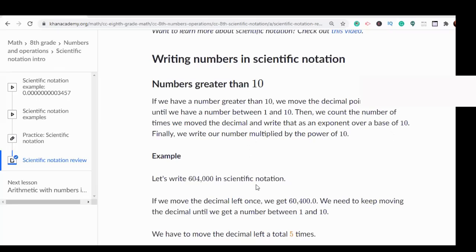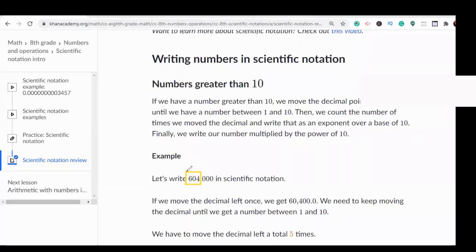In our first example, we have 604,000. We want to write that in scientific notation. Clearly, this number is not between 1 and 10. So let's talk about the portion of the number that we can rewrite between 1 and 10.